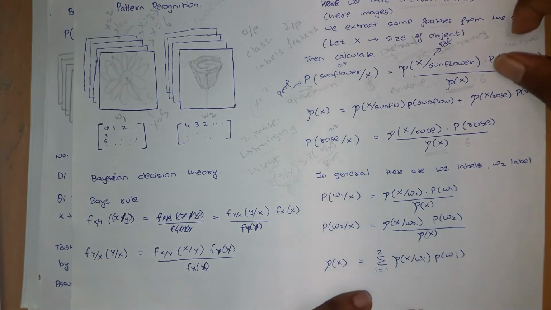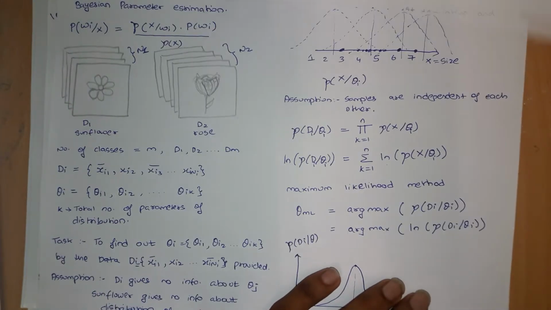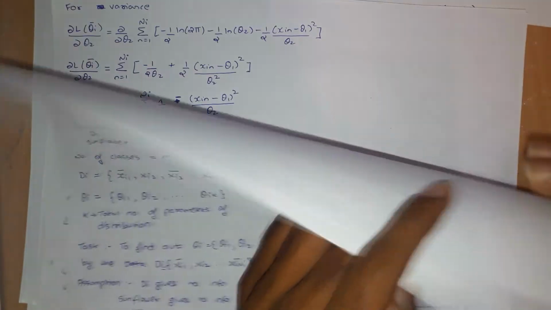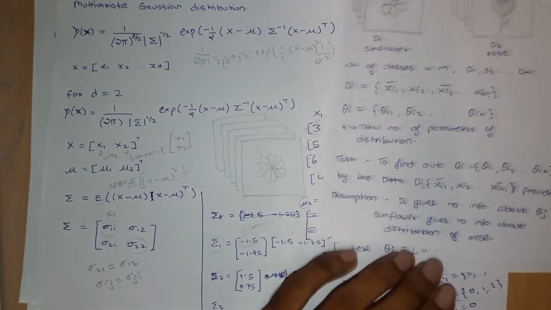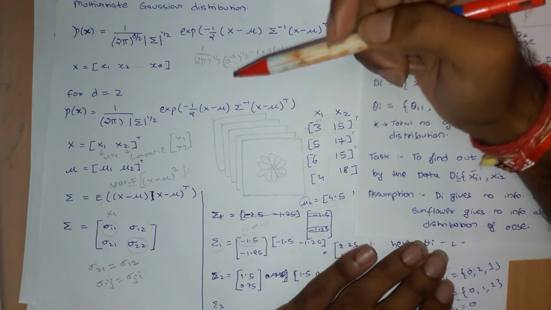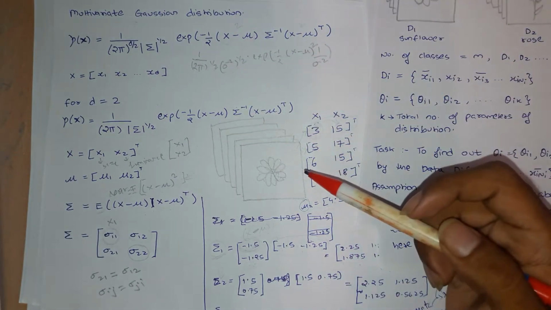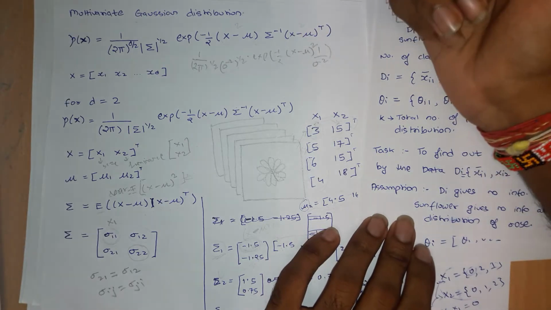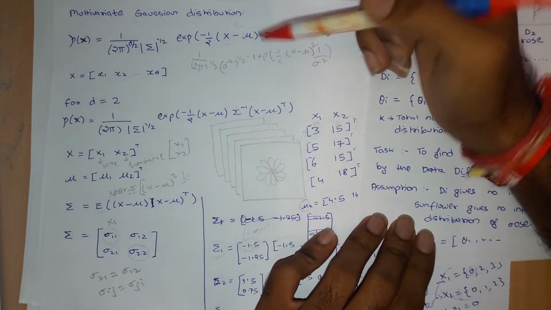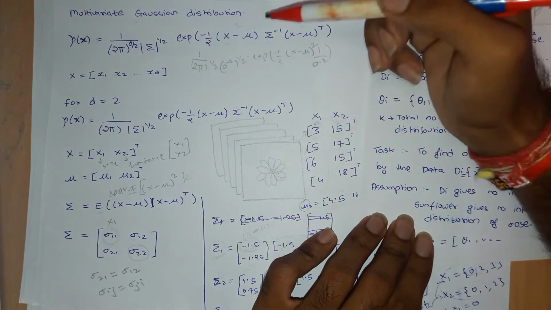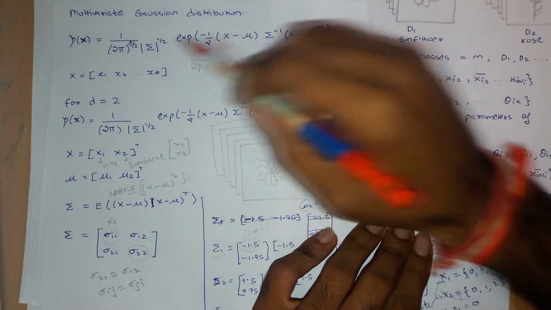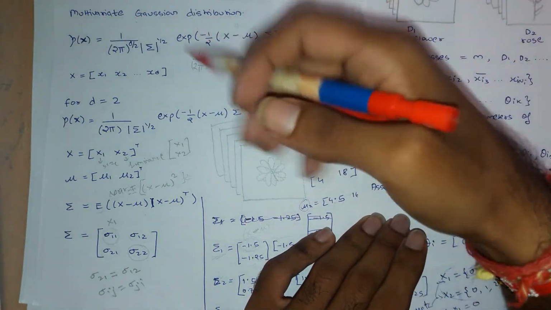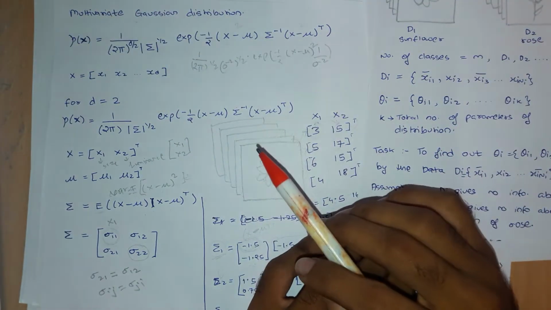Then we also looked at the Gaussian distribution. We saw the multivariate Gaussian distribution and the univariate Gaussian distribution. So we came to know that to get the distribution, we only need the parameters. If we have these parameters, we can put them in this formula and get the whole distribution.